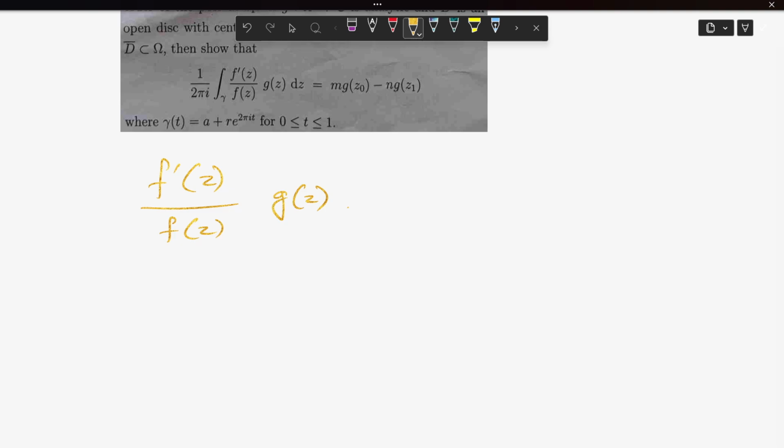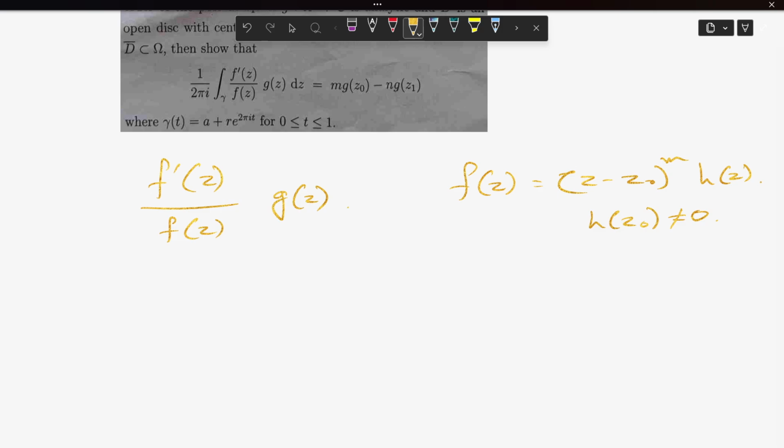Since f has a zero at z0 and a pole at z1, we can express f locally as f of z equals z minus z0 to the power m times h z, where h is analytic and h of z0 is not equal to 0.